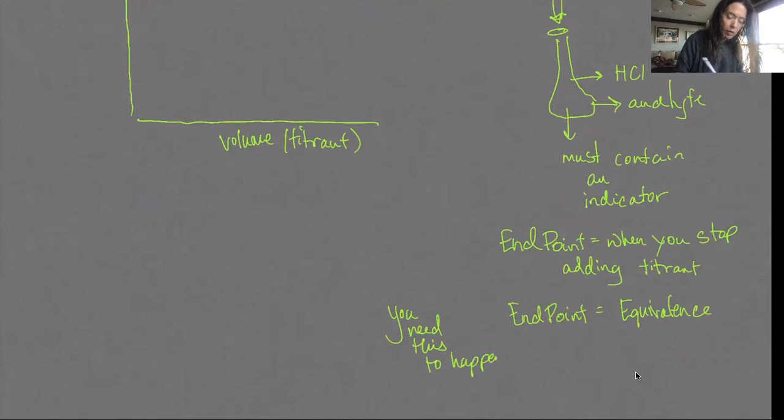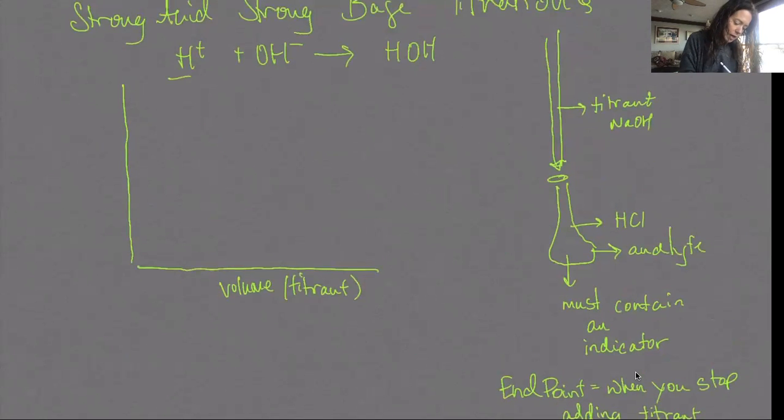And you do that by looking at the color change of the indicator, because it's going to ever so slightly change right when that H and OH, right? Because if we have a drop excess of this, we're going to see a change start to happen. And you see it where it takes a long time to get that color. You have to experience it. It's fun.